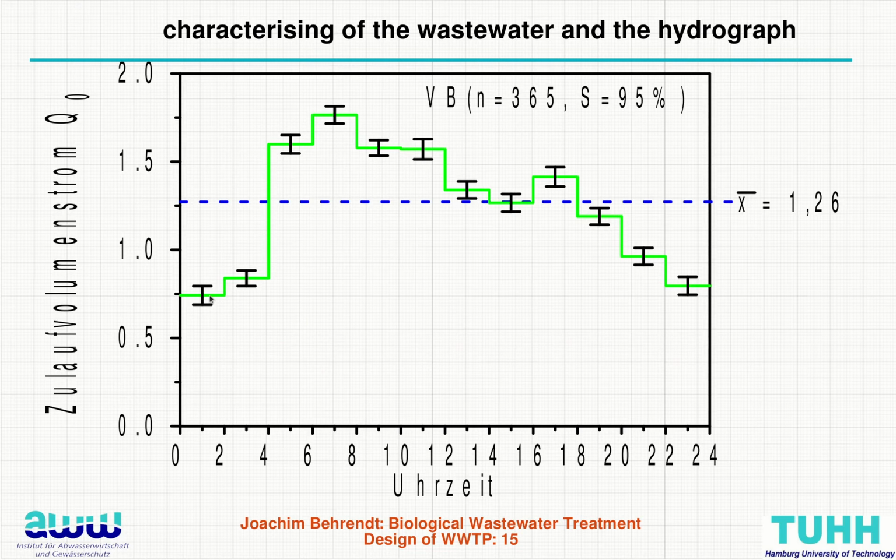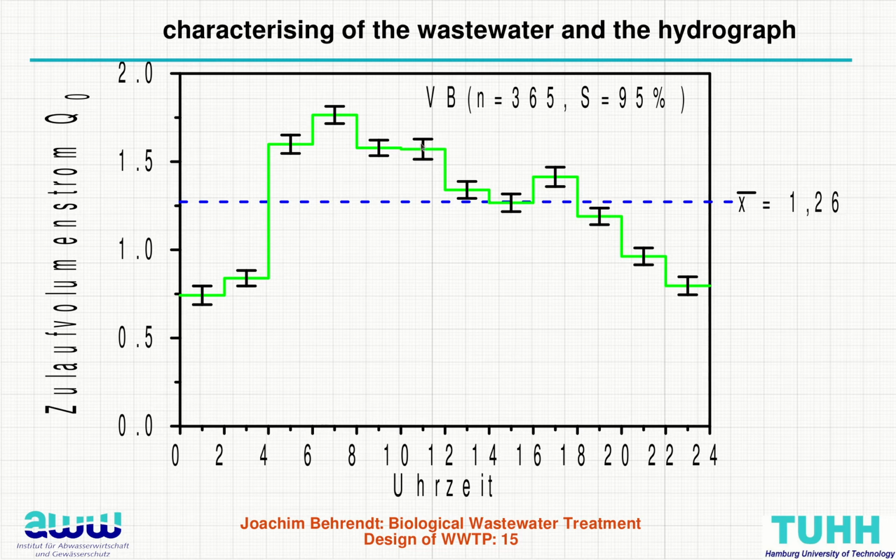You can also sort these values by the time of day. There are values between midnight and 2 o'clock, then 2 o'clock to 4, and so on. You can form the mean of these intervals, and then you see you also have fluctuations during the day.